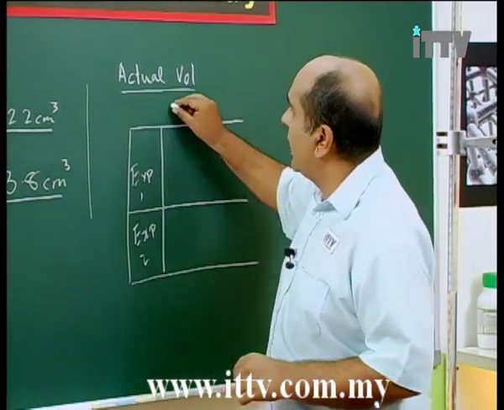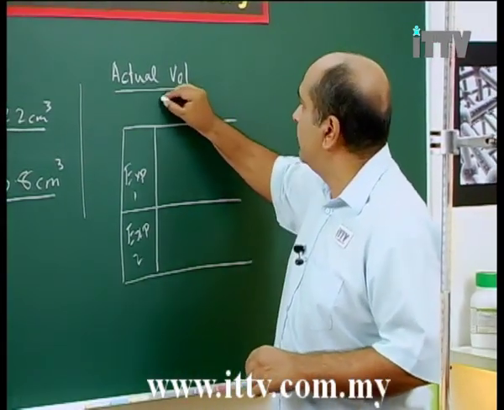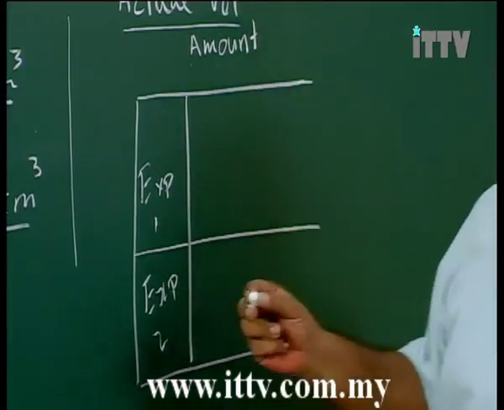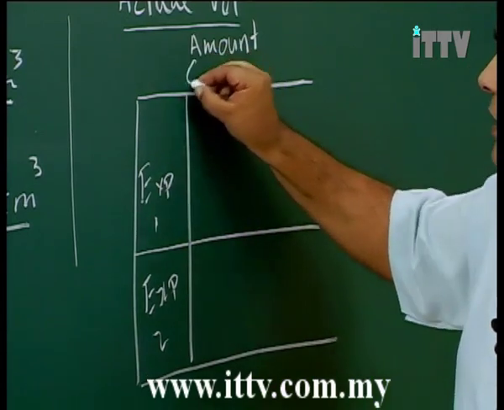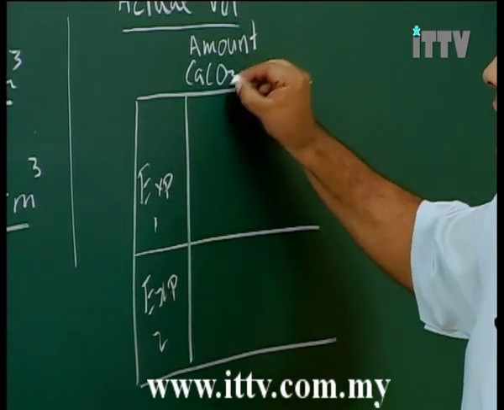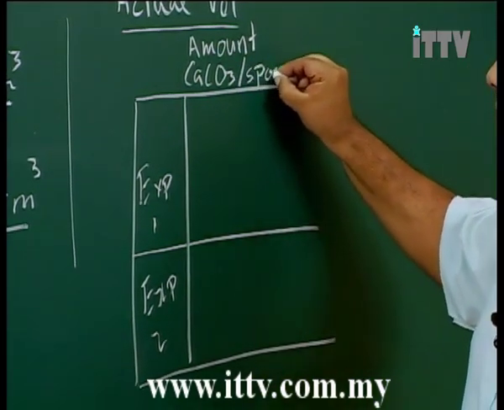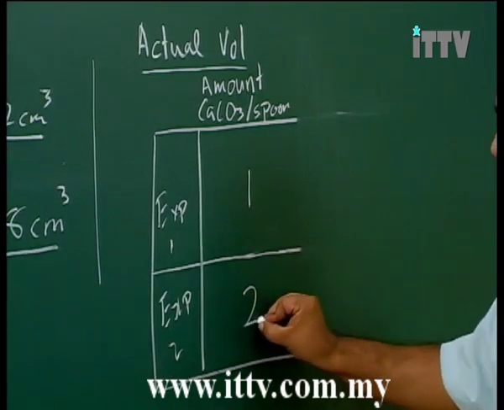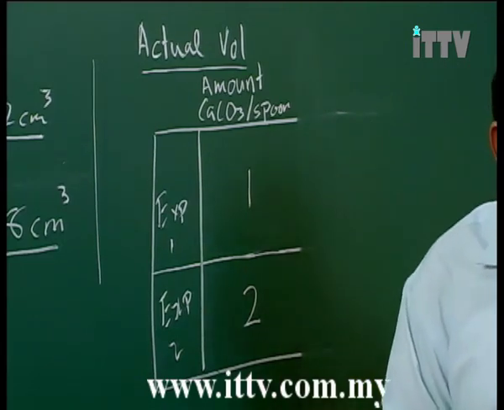So here we write the amount of calcium carbonate. I'm just going to use the symbols for calcium carbonate here, which is CaCO3, and we used spoon. So in experiment 1 we used 1 spoon, in experiment 2 we used 2 spoons.